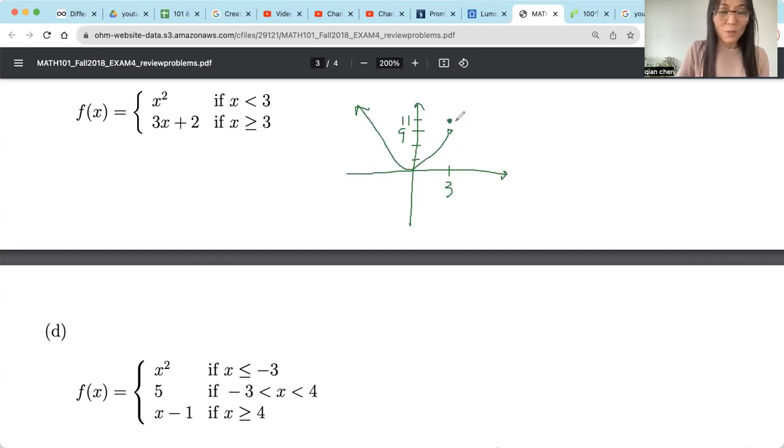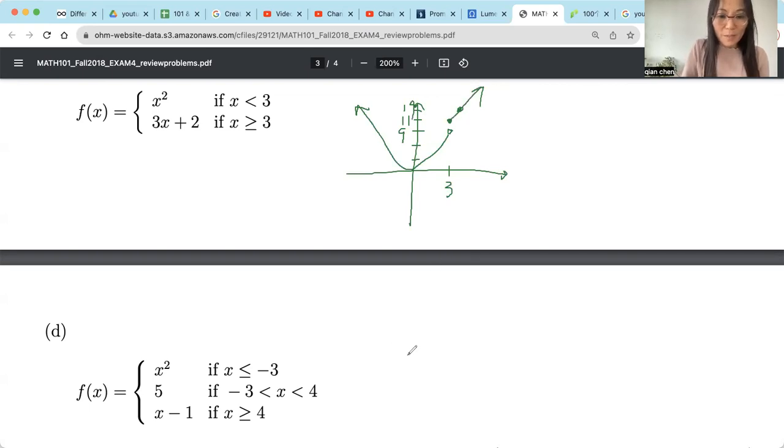Well, x equals 4. 3 times 4, 12. 12 plus 2, 14. Let's see, 14 is somewhere here. So I have this straight line. So this represents 3x plus 2. 2 pieces.